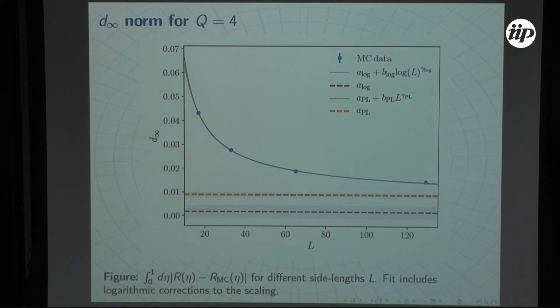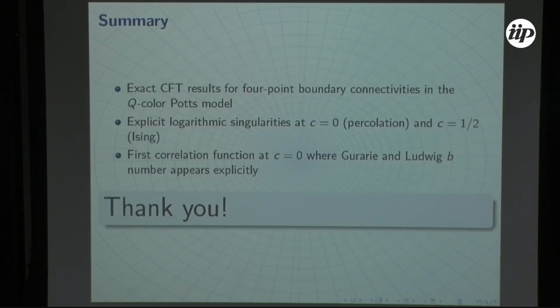So I think the subtlety here is that there are logarithmic corrections to the scaling, and for the four-state Potts model they produce this very, very slow convergence to the theoretical analytical value. Okay, so I think I'm done.